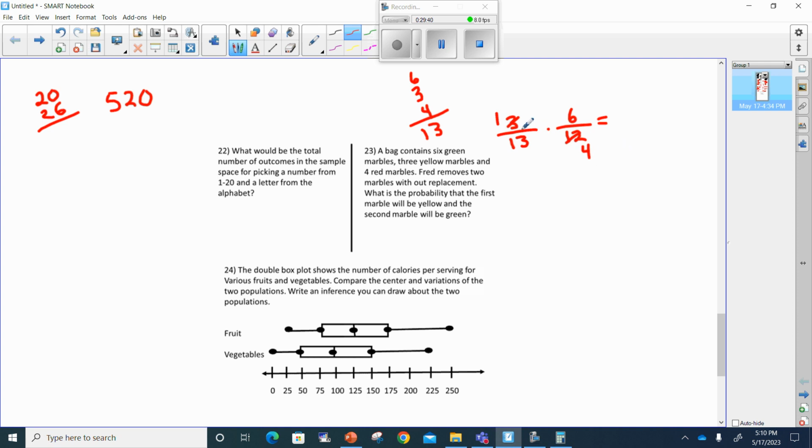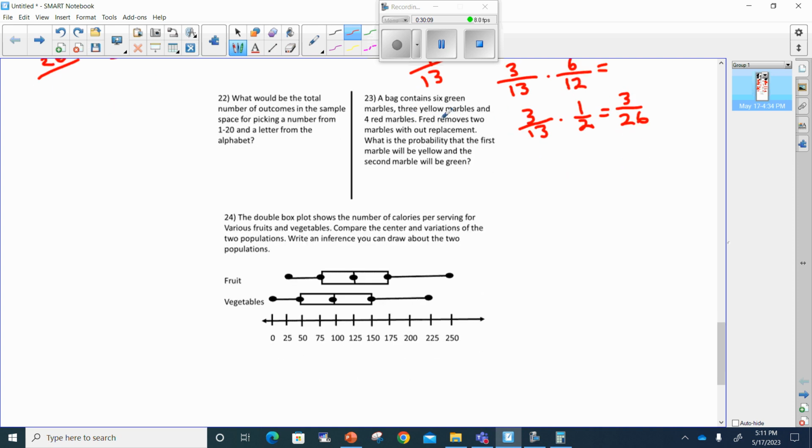In fact, I could even go as far as to say that 6 over 12 is really 1/2. That can be reduced. And that makes it a lot easier as well, doesn't it? 3 times 1 is 3, and 13 times 2, that's 26. So it'd be 3 over 26.